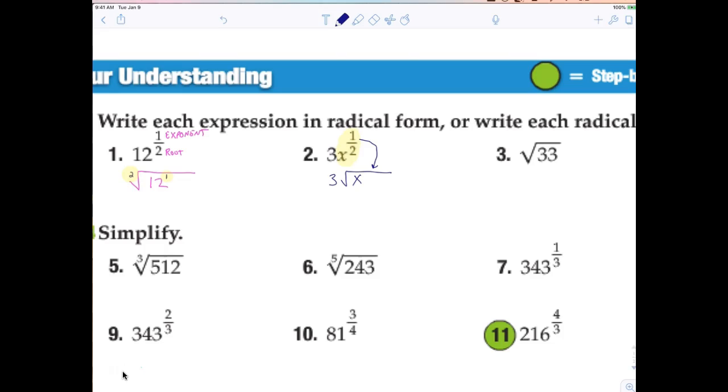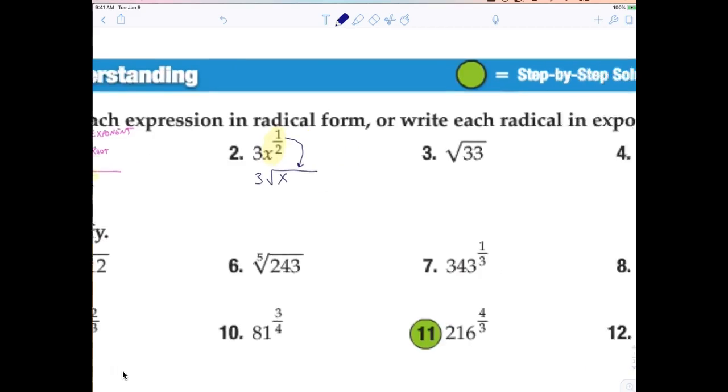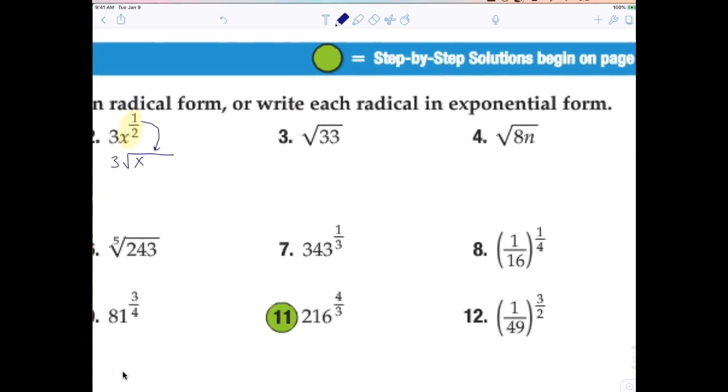That's all. Now, if we're looking at question number 3, you're now going from a radical to an exponent. This would be written as 33 to the 1/2 power.